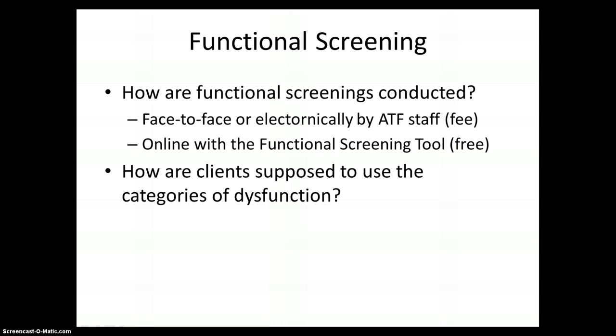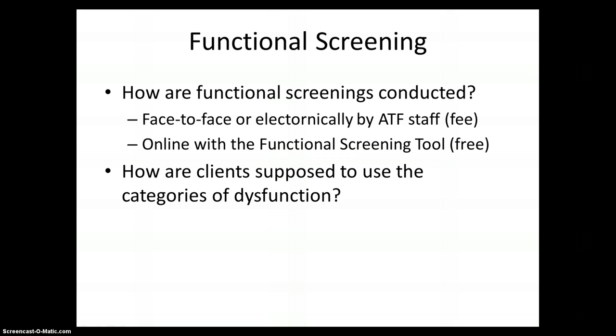dysfunctional or functional screenings. This also can be done electronically through the use of photographs that can be emailed to the staff, at which time the client can be classified according to their dysfunctional category, and that can be done for a small fee. This also can be done completely free. There is an online functional screening tool where clients can functionally screen themselves 100% free.